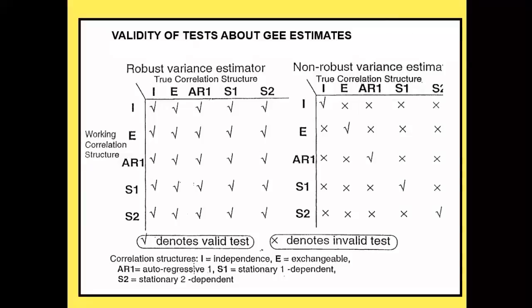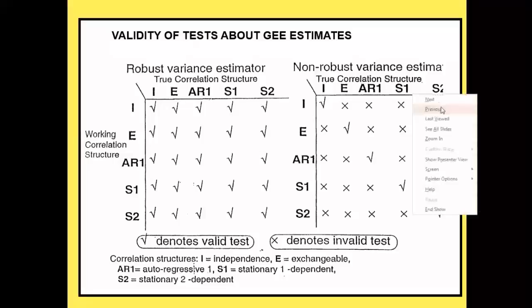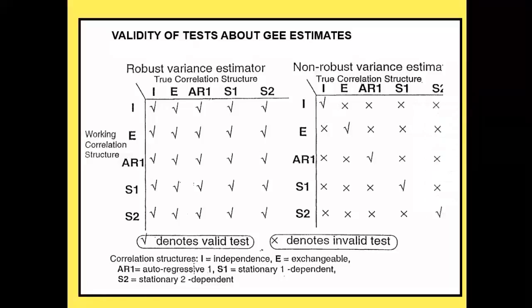You're using a non-robust variance, so you're not adjusting for anything. So the only time you really can justify not adjusting for anything is when the working correlation structure is actually equivalent to the true correlation structure. That's why there are check marks only on the diagonal, and these are all X's.